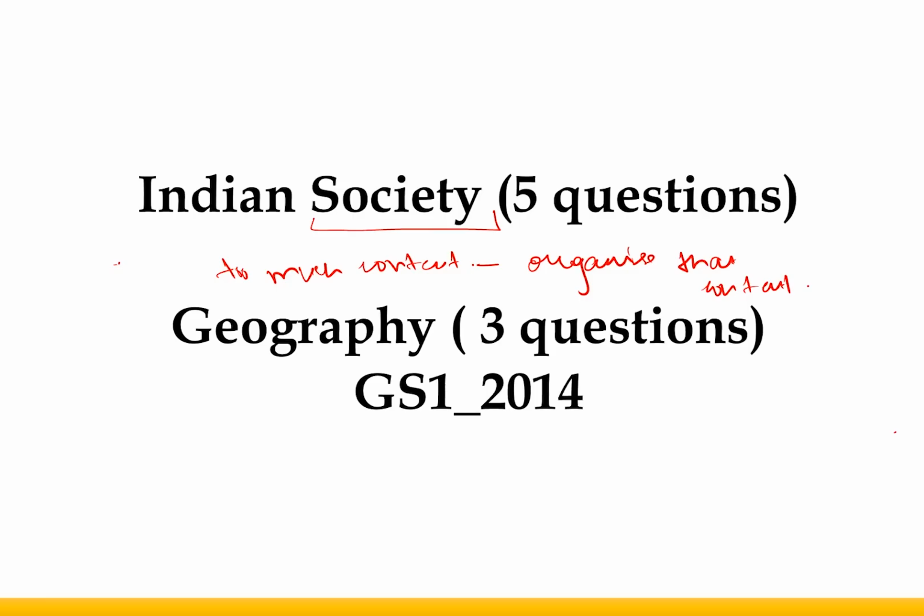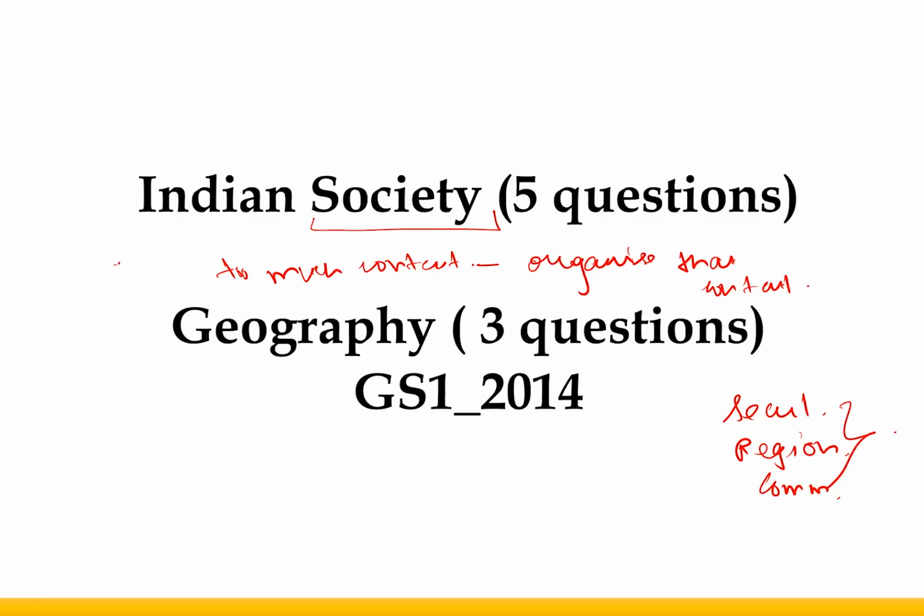In fact, there are certain topics in society where, if you make a template approach as to how to approach particular questions, you can do much better. It will even save your time in GS1. For example, there are 3 topics which UPSC particularly mentions: secularism, regionalism, then communalism.